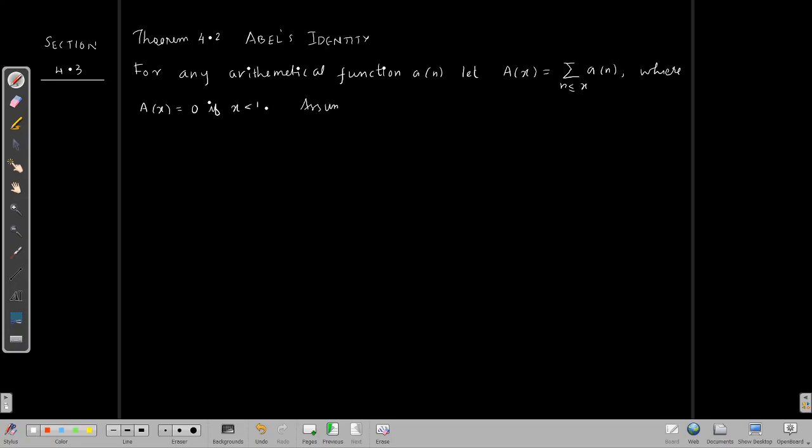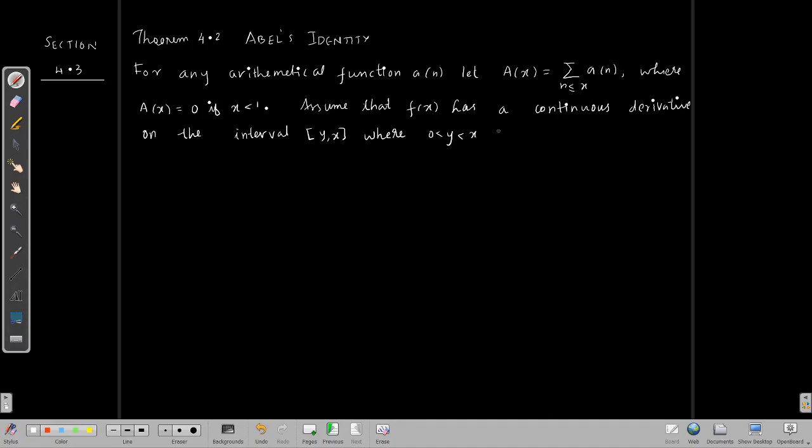And assume that f of x has a continuous derivative on the interval y comma x, where 0 is less than y less than x.